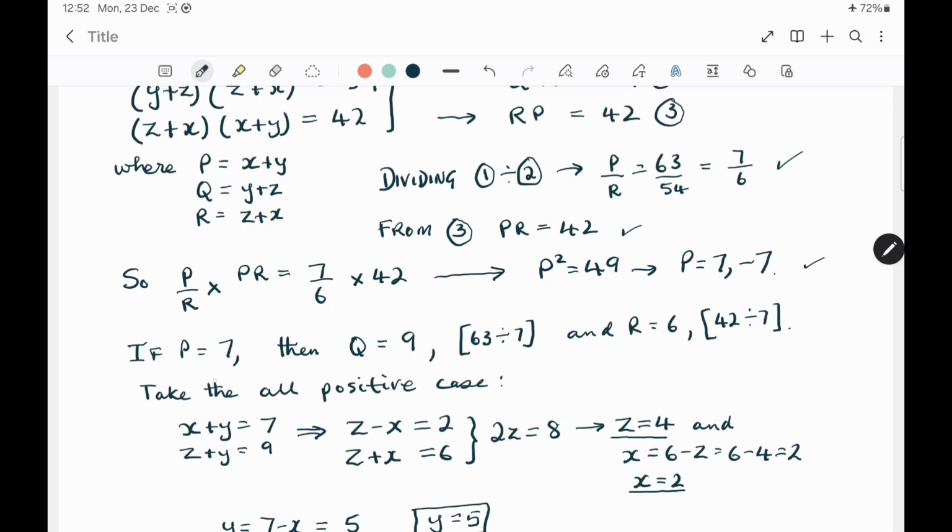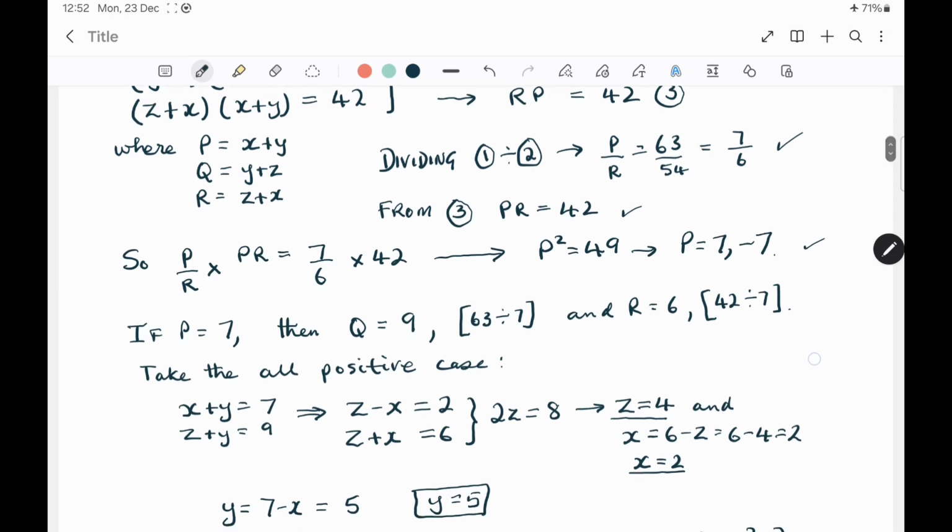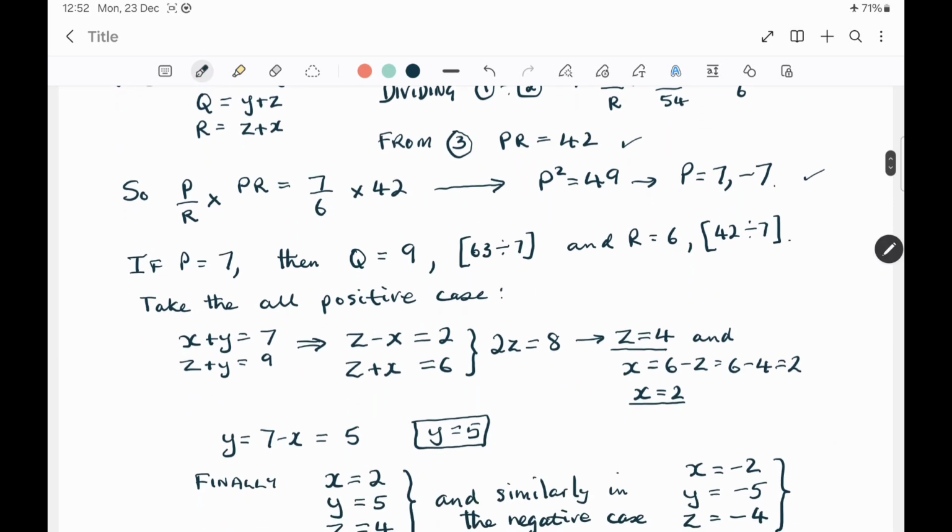So P, Q, and R are all positive over there. So let's take the equation x plus y equals 7, because that's what P is, and similarly z plus y is 9.